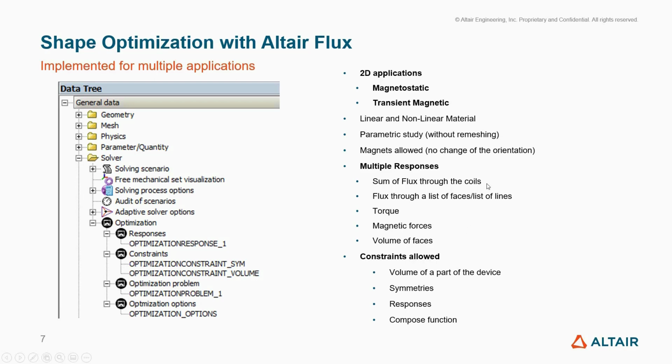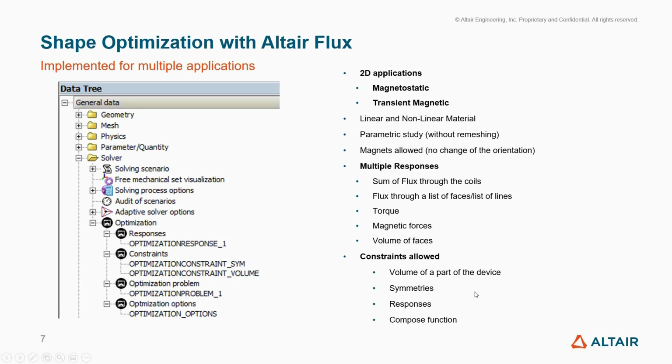Those are the flux through the coils, flux through faces or lines, torque on a path, and the magnetic forces on a path or on the lines that you select, and also the input response can be the volume of the faces, where you can optimize it to reduce the weight of the machine or keep the weight of the machine to your target.